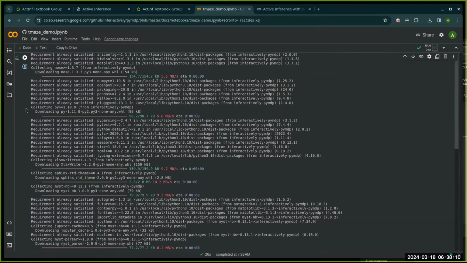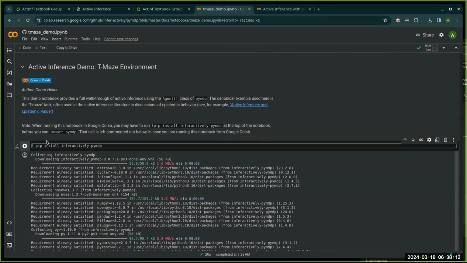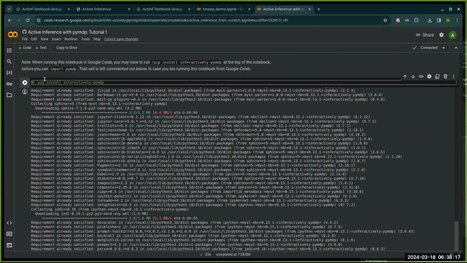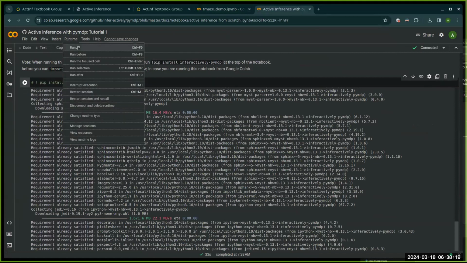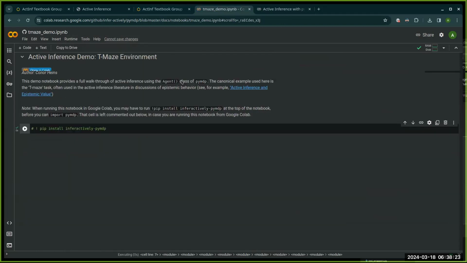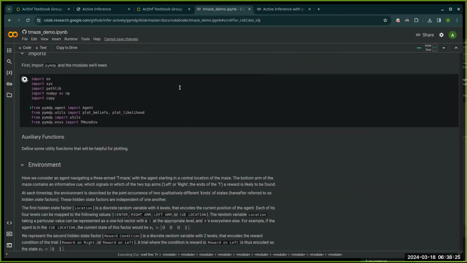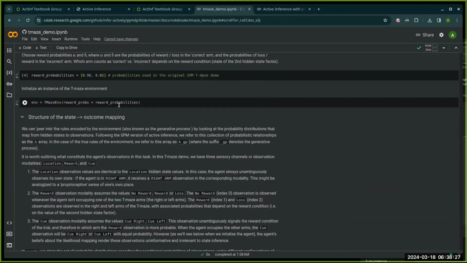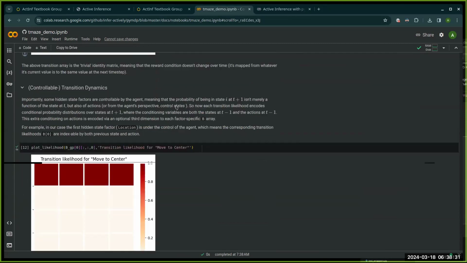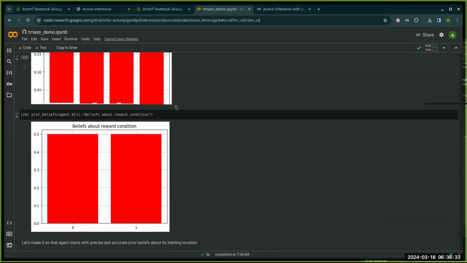So suddenly you have two different data streams coming in. You can map those as different observation modalities, is what they'd be called. And basically you'll be constructing your matrices, the A and the B and so on, that account for these different data streams, that account for different hidden states that you're trying to infer, and so on.